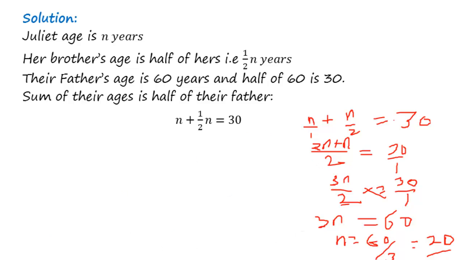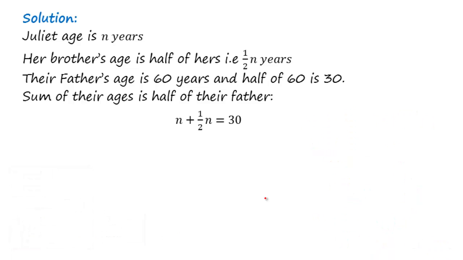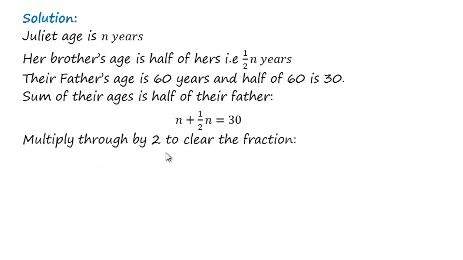However, I'm not going to do it like that. So this is what I will do. I will follow this one that I've done here. Since this one is the only fraction, you just multiply by the denominator. So multiply through by 2 to clear all the fractions. It is now going to be 2 times n, 2n. 2 times half n is going to be n, plus... 2 times 30, which is 60.